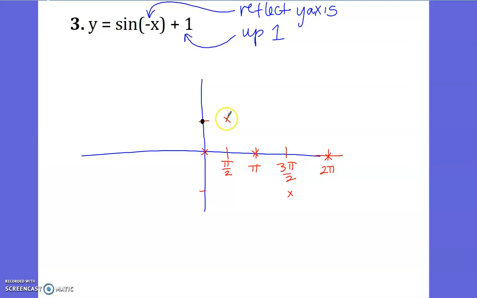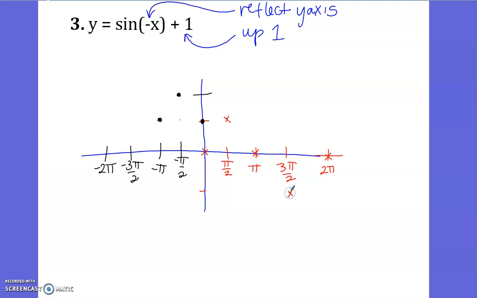If I reflect this point right here over the y-axis, I'm now at negative 2 pi. I'll go ahead and complete this because that's going to shift them all. Okay, so if I reflect over the y-axis, here I am, and then if I go up 1, I land right there. Here, if I reflect this and go up 1, I land right there.